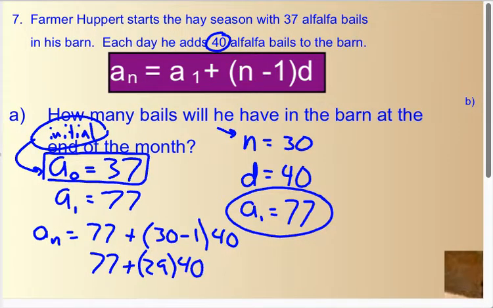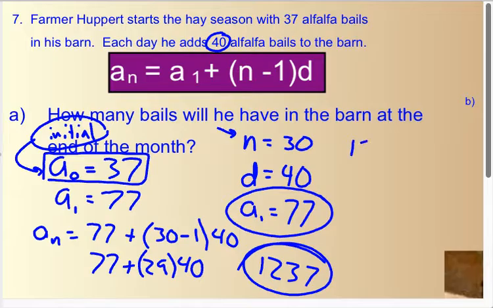Multiplying the 29 times the 40 and adding the 77 to it is going to give me 1,237 bales. Right there. So after 30 days, you'd have 1,237 bales.